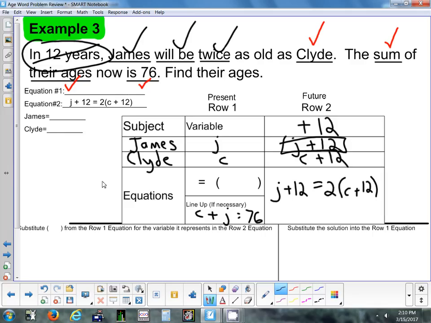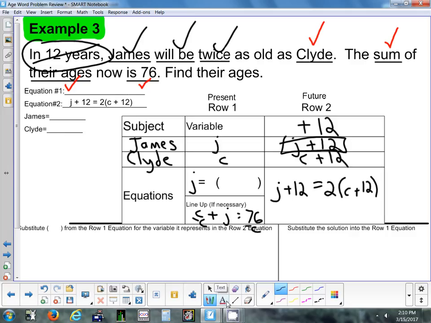Can somebody tell me what I need to do to isolate one of the variables? Go ahead, Shannon. I can subtract C, I can subtract J. You're not wrong either way. You can do either one. So you want to subtract what again, Shannon? C. I'll minus C here, I'll minus C here. So, on the left-hand side of my equal sign, what's the variable that's isolated now?